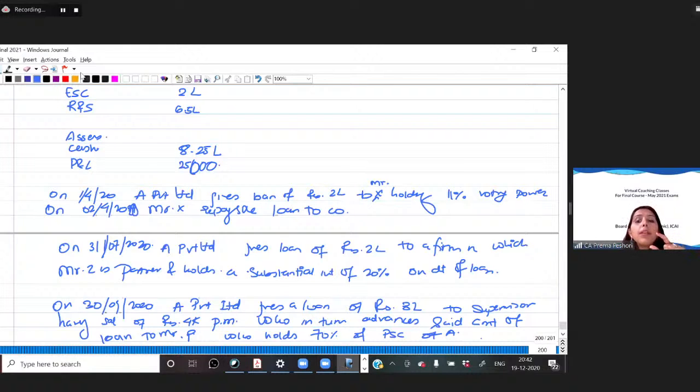Otherwise, if the interest payment is made by Mr. P, then that interest payment will be disallowed under 40A(2) of the PGBP section, wherein it says that it should be at fair market value, in case the payment is made to a person who has a substantial interest, right? So 40A(2) applies on the interest payment made by Mr. P to A Private Limited. Clear? Is this clear, sir?